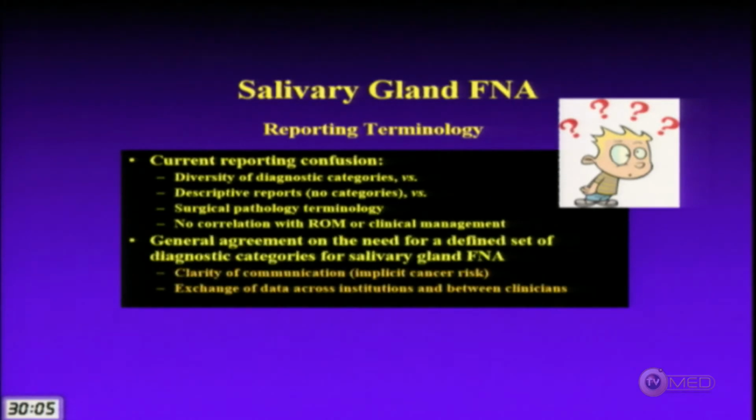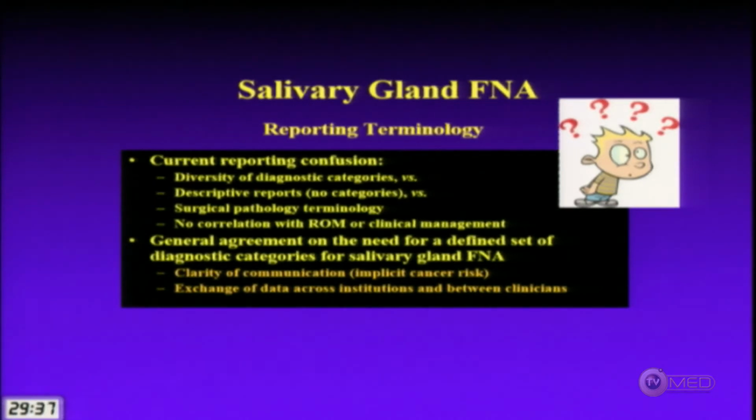So in order to formulate the Milan system, some of you may have participated in this. We actually had two online surveys, and we solicited cytopathologists and others to go online and answer a series of questions. And from that online survey, we found that there was a general agreement that there was a need for a uniform reporting system for salivary gland cytopathology.